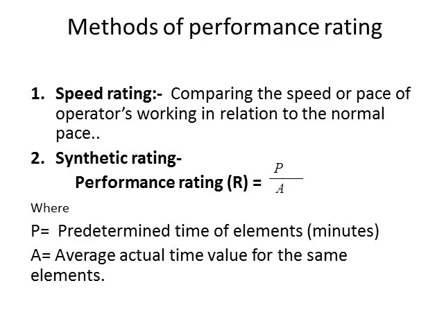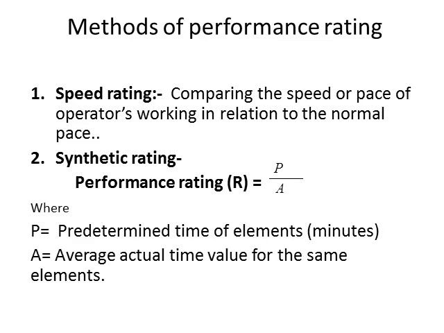The second commonly used method for performance rating is synthetic rating. What is synthetic rating? In synthetic rating, we compare the performance by the equation R equal to P by A, where A is the actual performance. Actual performance is compared with the predetermined performance.